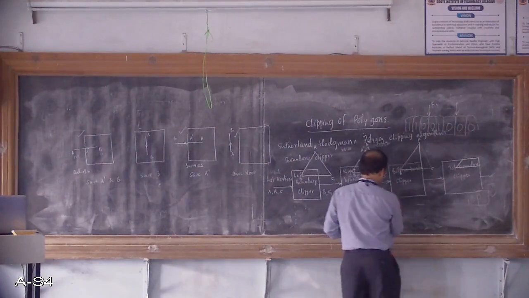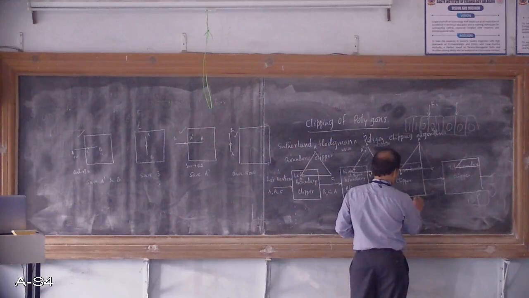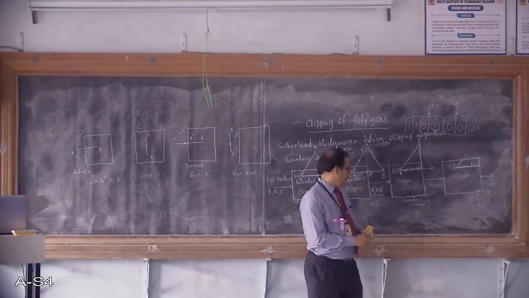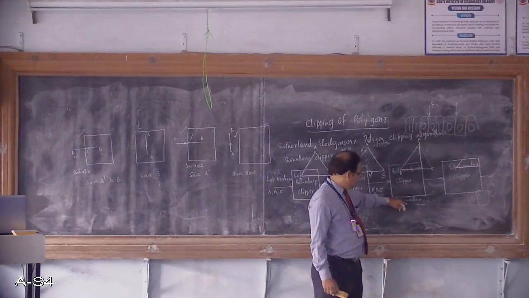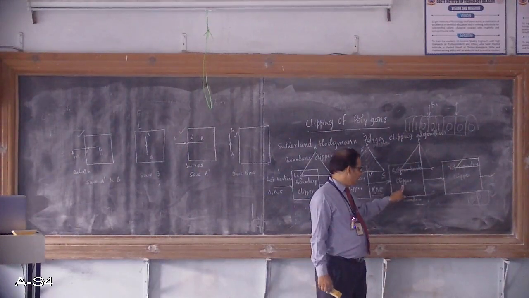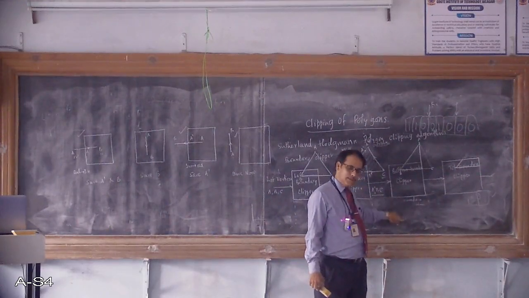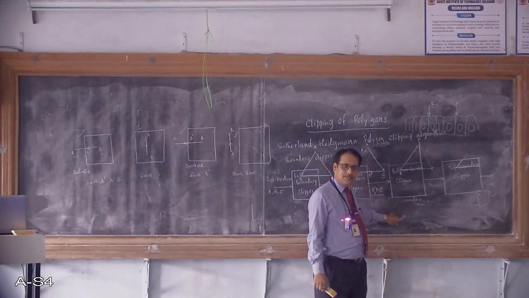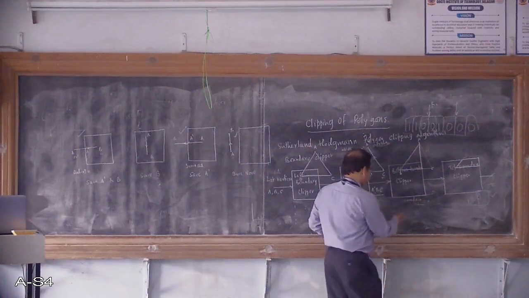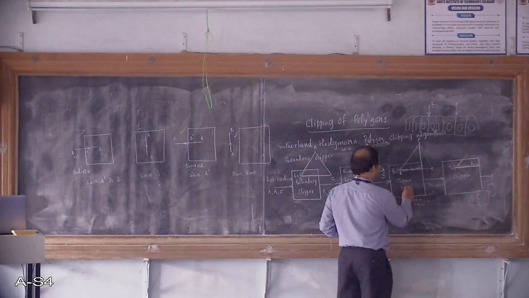Now this is the bottom boundary. For the bottom boundary, any object lying above this boundary is within the clipping window, it lies inside the clipping window. Any object which is below this boundary lies outside the clipping window. So this is the outside portion and here is the inside portion.